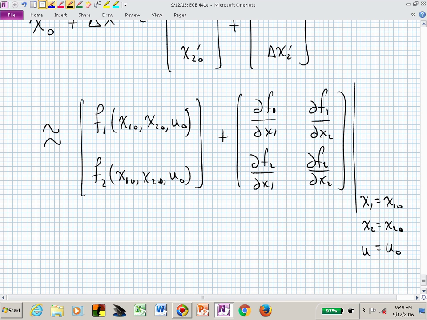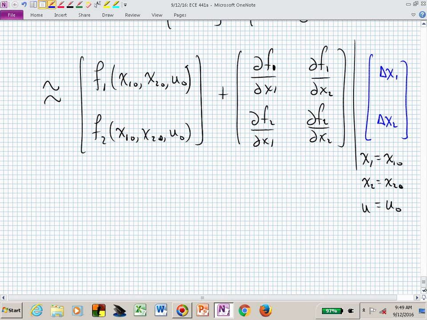And that gets multiplied by delta x1, delta x2. That's my x minus x naught in vector form. Plus one more piece. I have partial of f1 with respect to u, partial of f2 with respect to u.